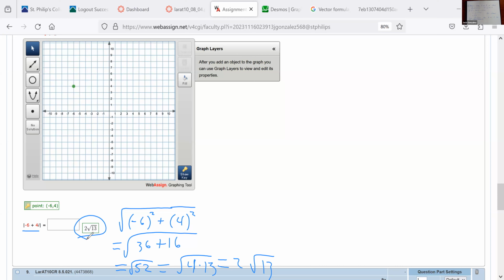So it's very similar to the vector stuff. It's just you're treating this as your like i and j. So the magnitude of a plus bi, the official formula, would be the square root of a squared plus b squared.